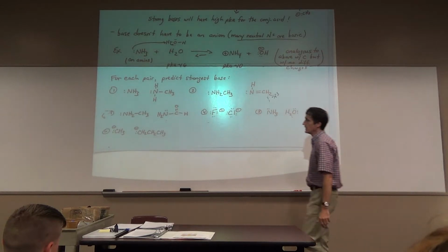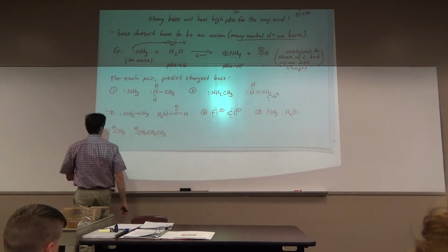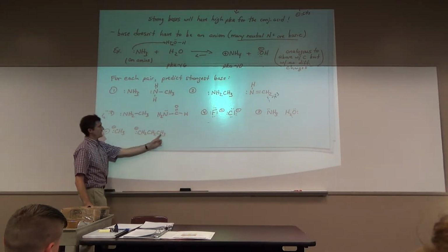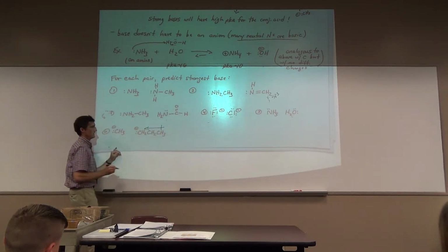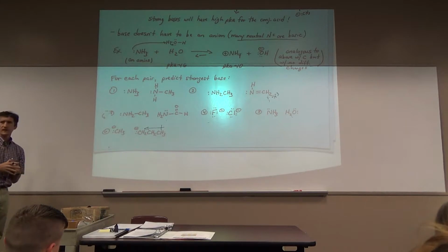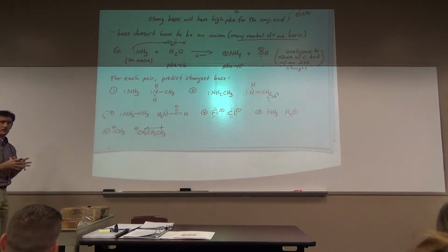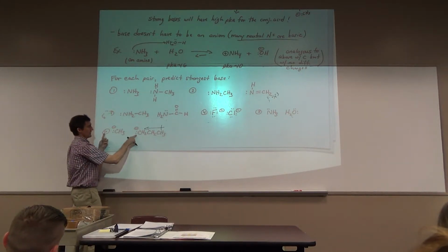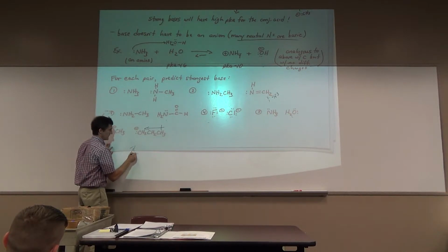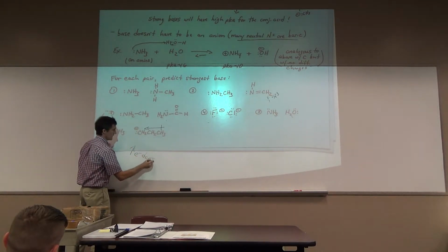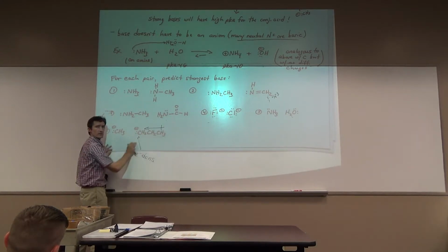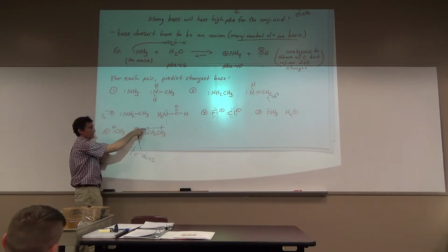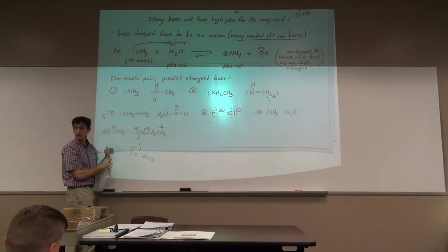Okay. The most basic would be the one with the most extra sp3 carbons which donate. Which one has the highest electron density? The one on the left. Right. Higher electron density because of the inductive donation of all these sp3 carbons is going to make this a stronger base.